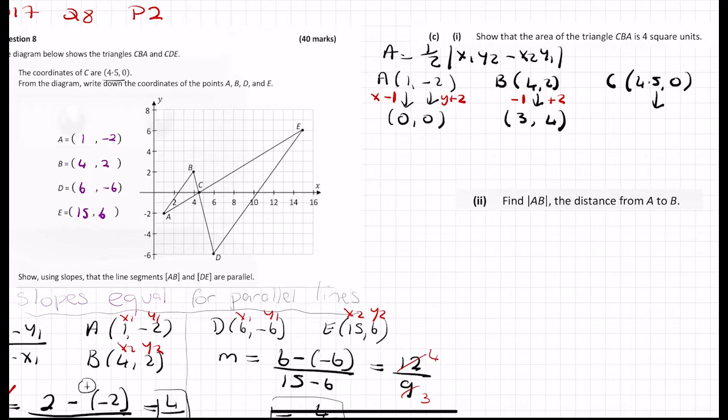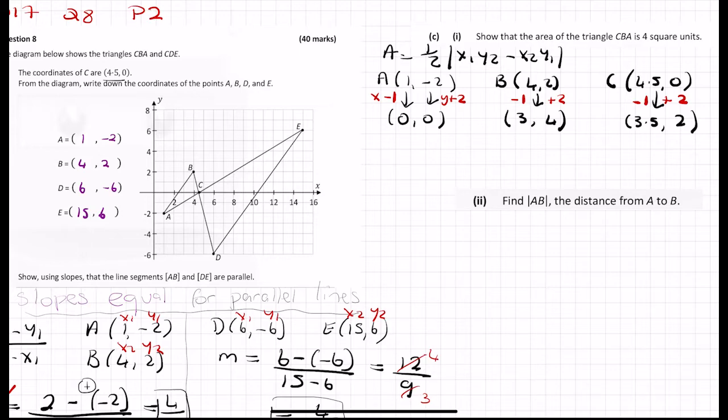C, I have to do the same thing, minus 1, I have to move them all by the same amount, so that I end up with 4.5 minus 1 is 3.5, comma 0 plus 2 is 2. Try not to let the fraction bother you too much. Your calculator is there to help you do the maths with it if you don't like the fractions.